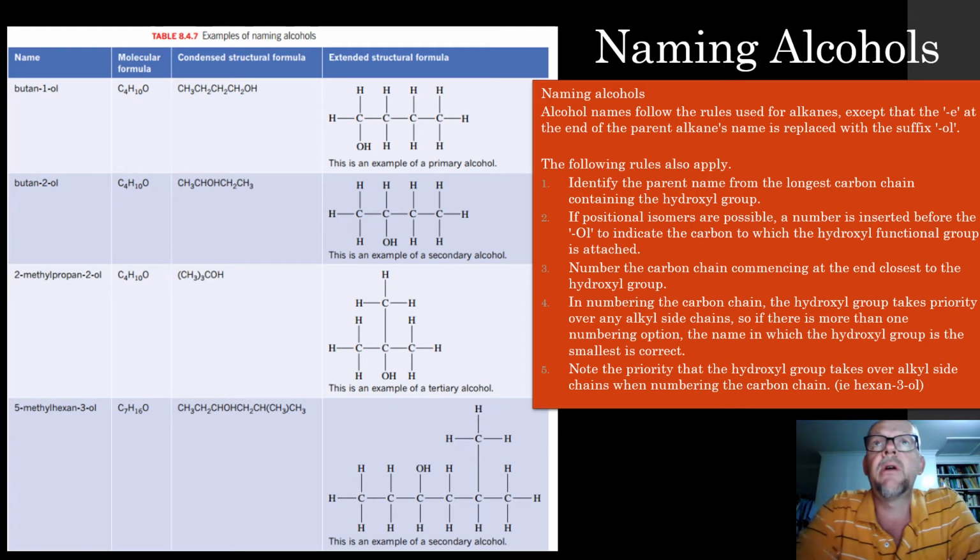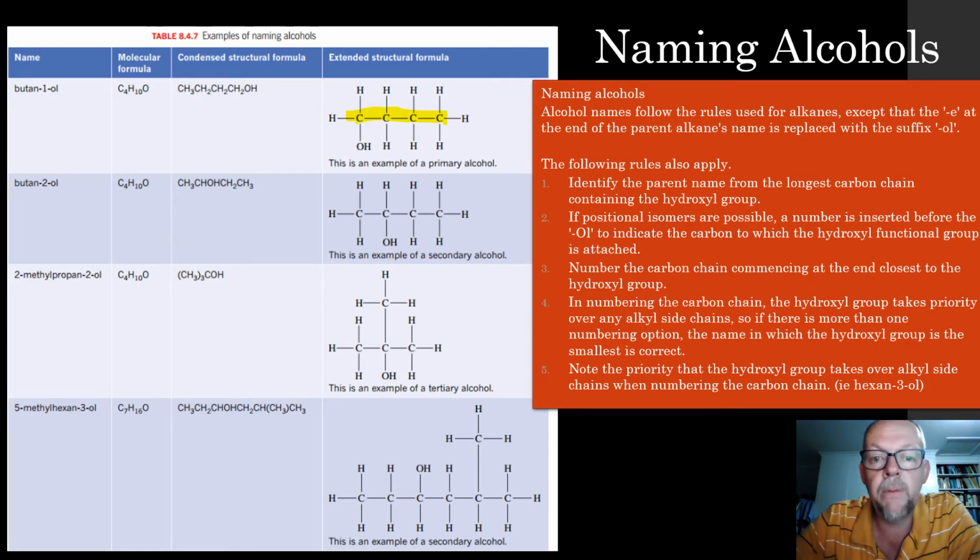So in naming alcohols, alcohol names follow the rules for alkanes, except for the E at the end of the parent alkane's name is replaced with the ol. So the following rules apply. Identify the parent name from the longest carbon chain containing the hydroxyl group. So if we have a look here, here's our longest chain. And so what's that?